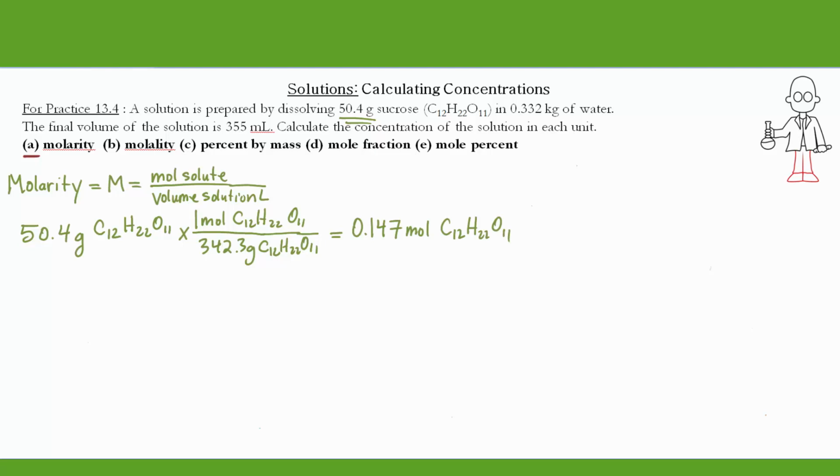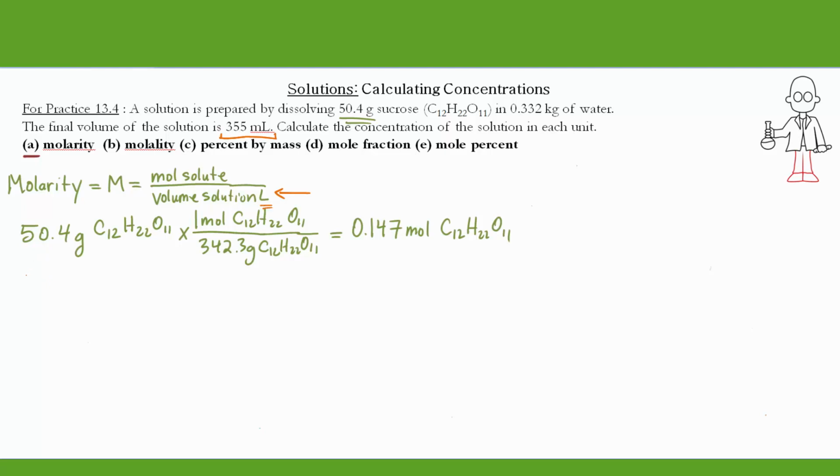Now, I'm still not finished, because to get molarity, I need the volume of the solution. It told me in the problem that the volume of the solution in milliliters was 355. So I need that quantity in liters.